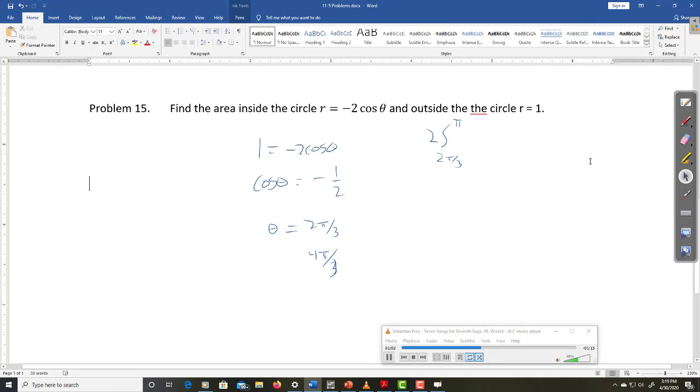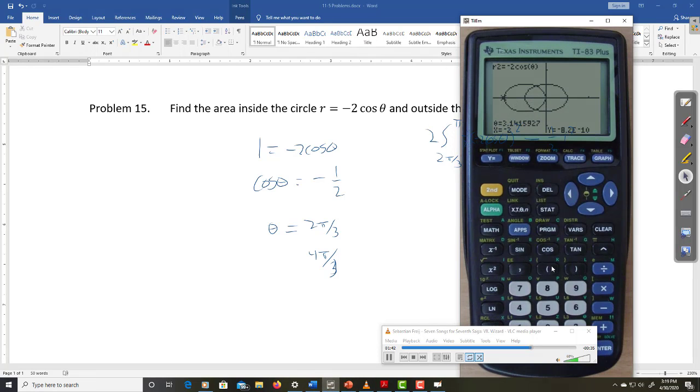So remember, don't forget the 1/2 squared, so 1/2 times negative 2 cosine theta squared. And then we're subtracting 1/2 times 1 squared. It's a very simple thing, but I suppose we can put that in just to be safe.